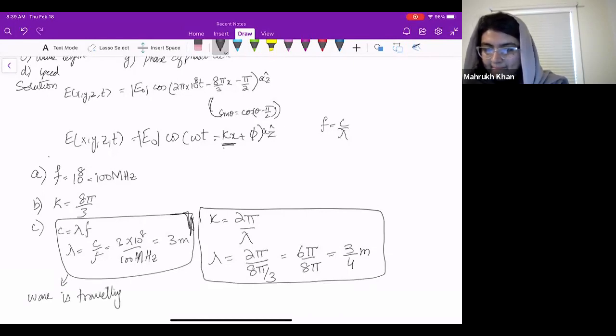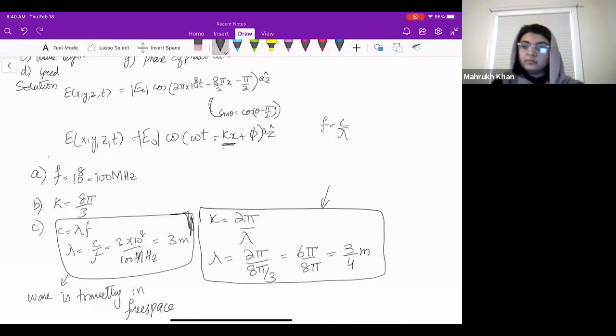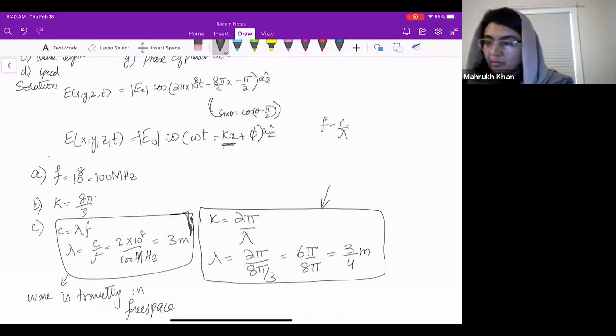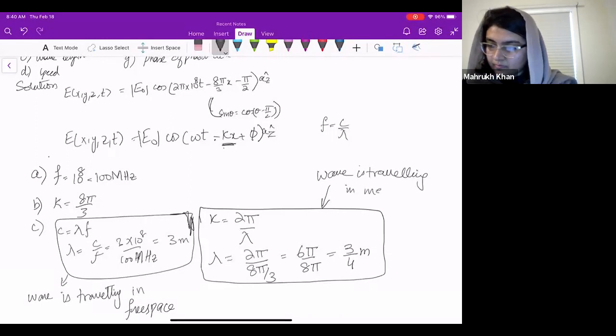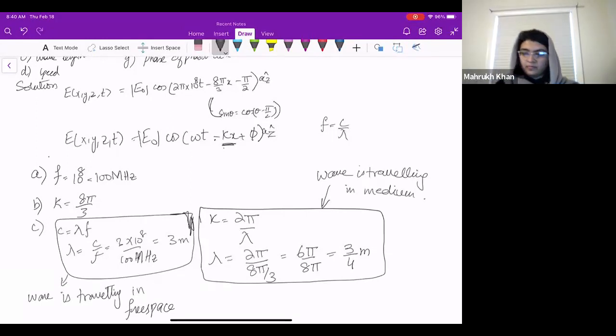Because the wave number has the intrinsic medium in it, this lambda is calculated as if the wave is traveling in the medium. Okay, we will come back to that. So it's 3 by 4 meters.